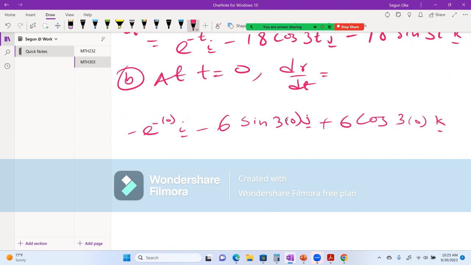So we have this one to be negative 1 i. This will be plus 0; everything here will be 0 j. Now cos 0 is 1, and 1 multiplied by 6 will give you plus 6.